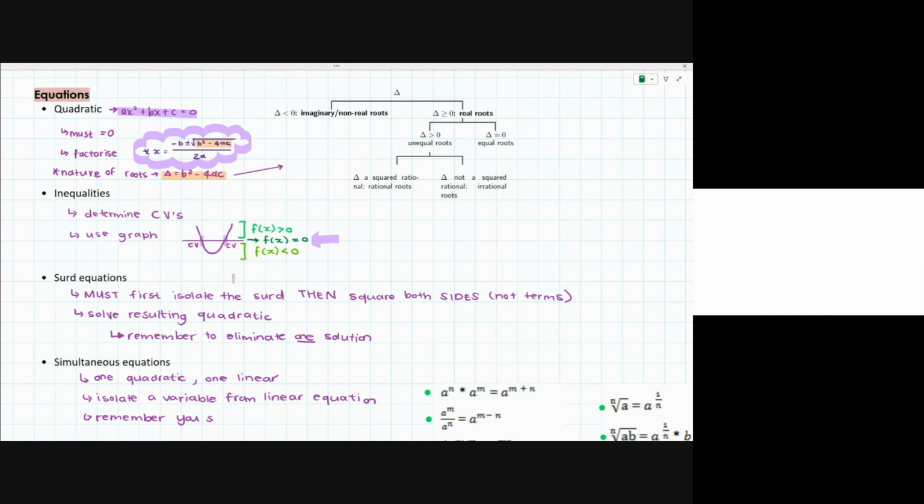When our inequality or expression is less than 0, we are talking about this part underneath your x-axis. So it is really important that we remember to solve this as we would, but understand that we are using a graphical representation to understand where the inequality exists.